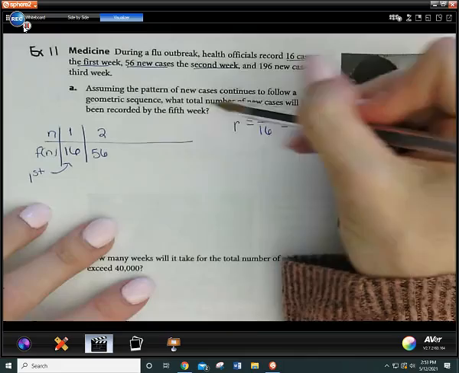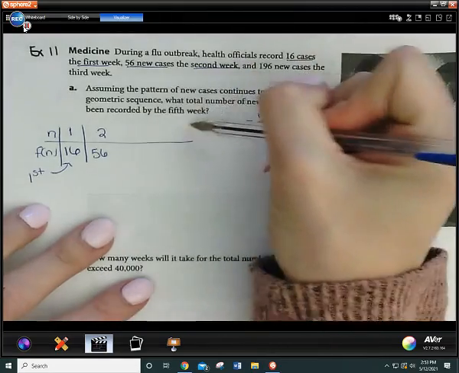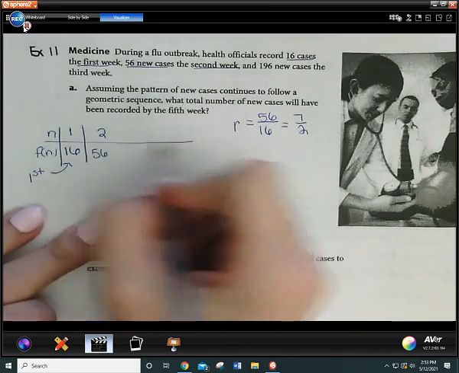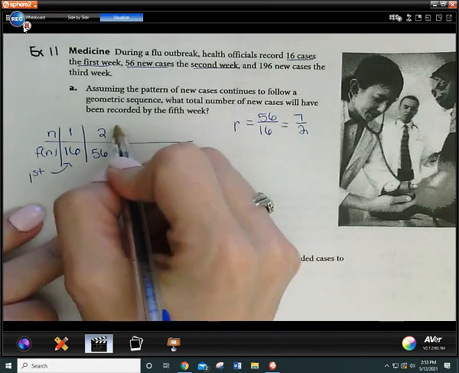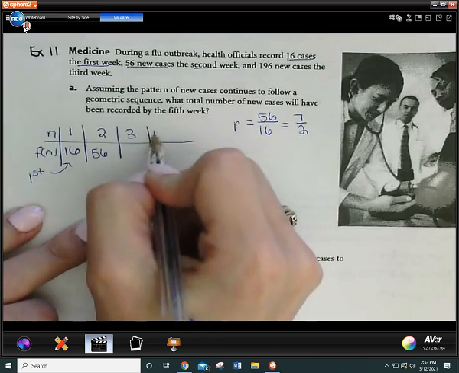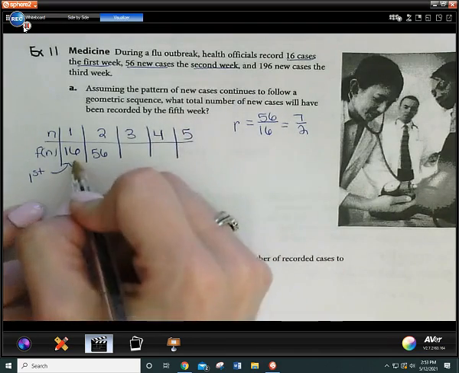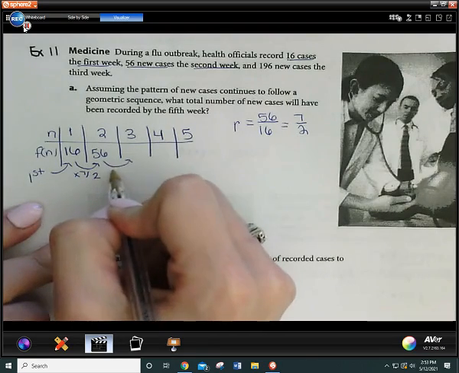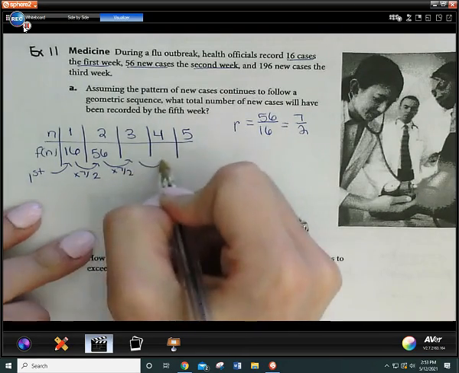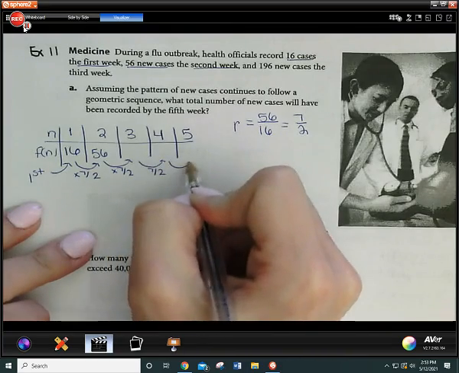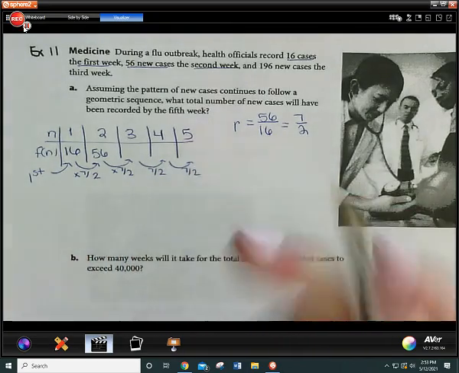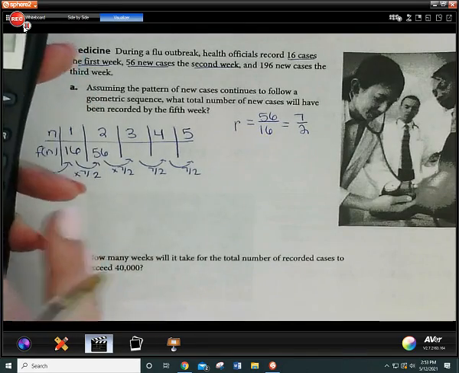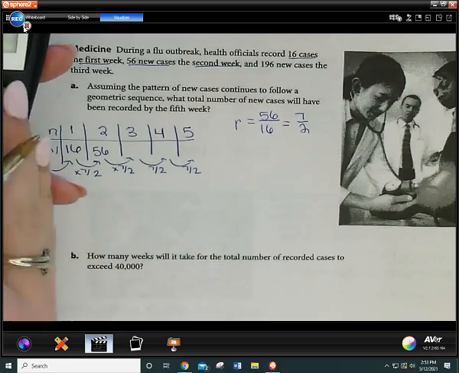So it says, what's going to be the total number of cases after the 5th week? Honestly, this isn't really that big. I could keep doing this up to 5. So we're going to take 56 times 7 halves.